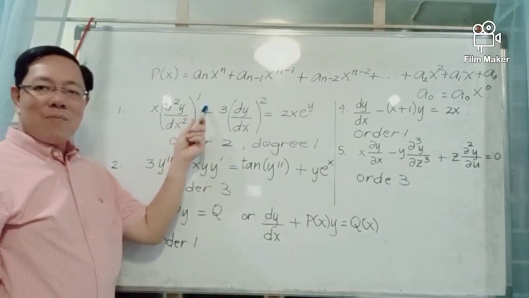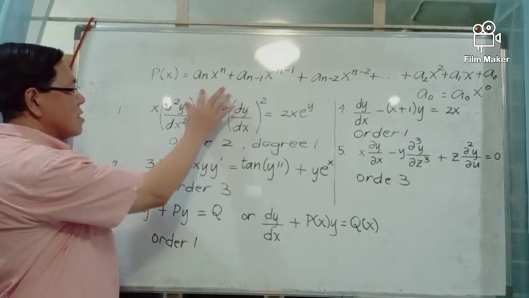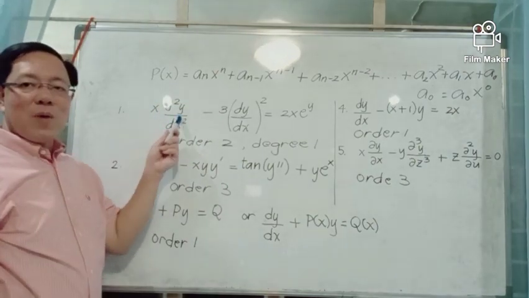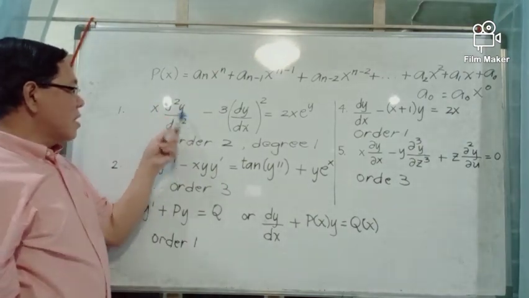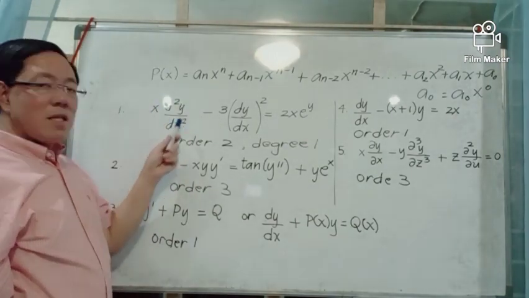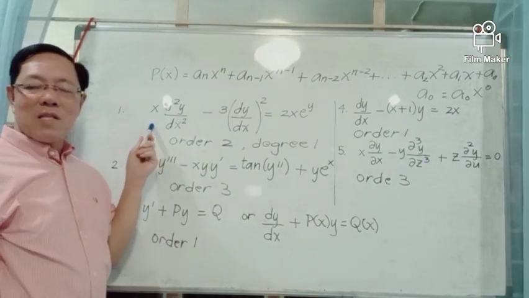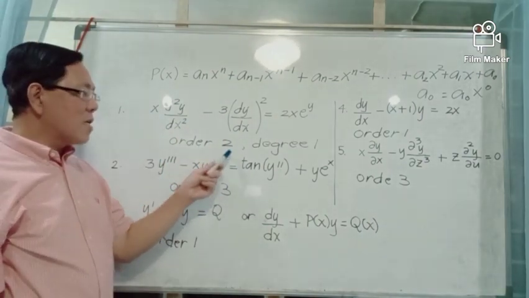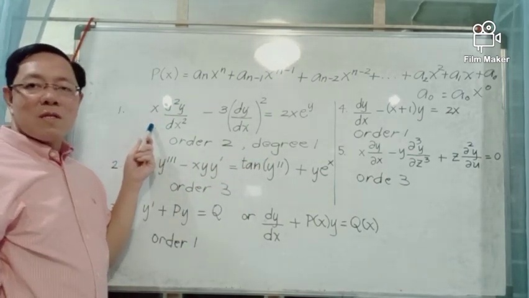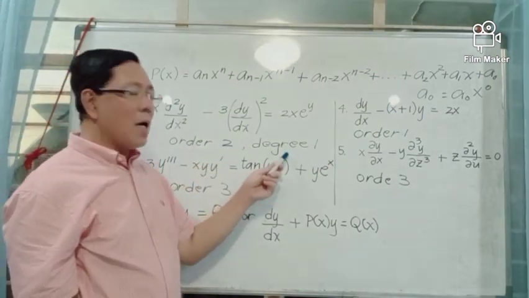If the exponent is 1, we omit it and simply write the second derivative of y with respect to x; it's understood that without an exponent, the exponent is 1. Hence, the degree of this differential equation is 1. We say that this differential equation is an ordinary differential equation of order 2 and degree 1.